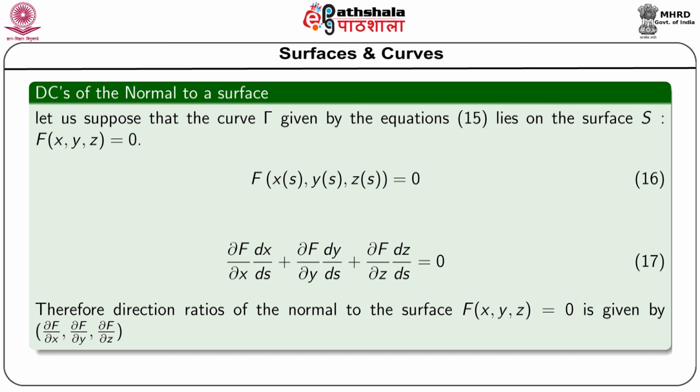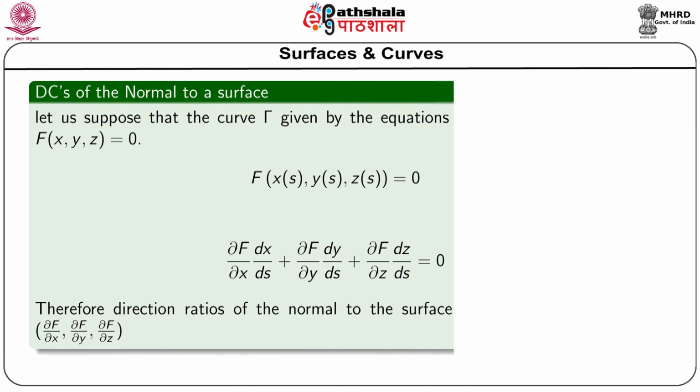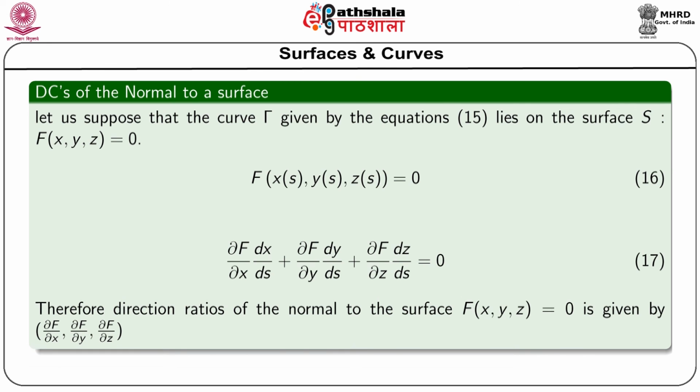Suppose the equation of a curve gamma is given in parametric form, which is written here: x as function of s, y as function of s and z as function of s. Let us suppose there is a curve gamma which lies entirely on a surface which is given here as F(x, y, z) equals 0.